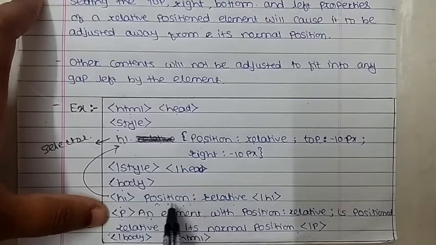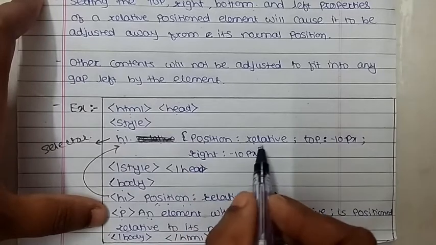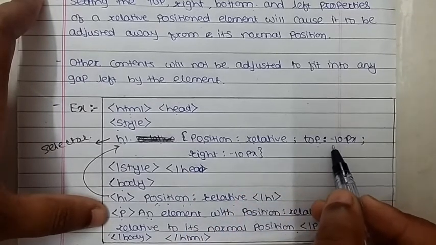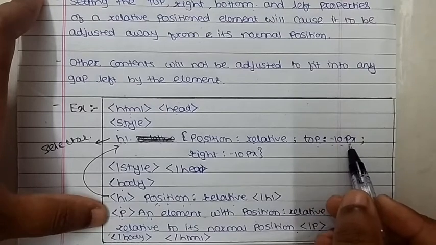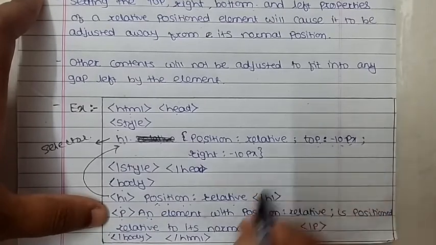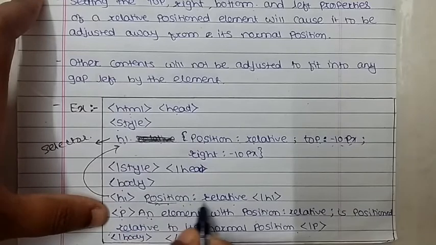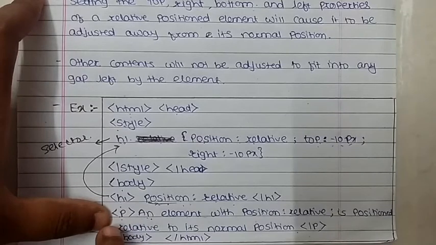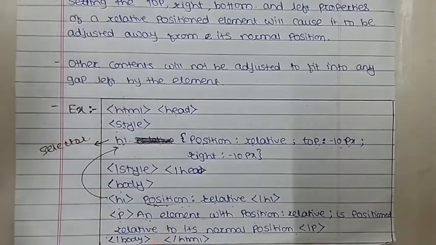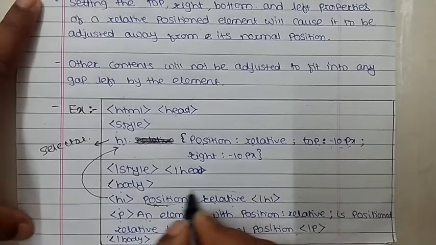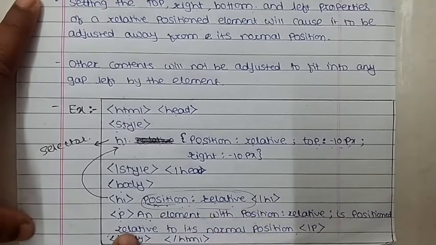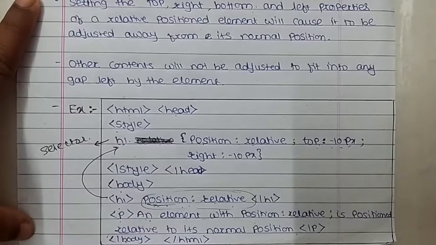Next time, if I want to change the characteristics, for example top minus 10 pixels to 50 pixels, only that part changes, that is the relative position. Whatever information is written in the P tag is not changed, its attributes or properties remain constant. Only the position of the h1 tag changes. We will discuss this with the help of execution, so that you get all the ideas related to relative position.